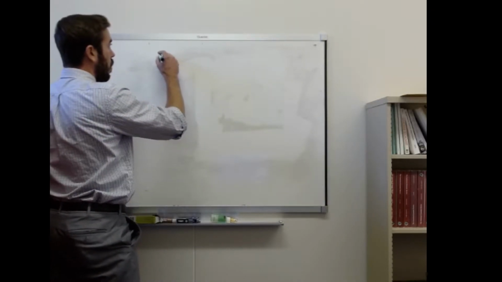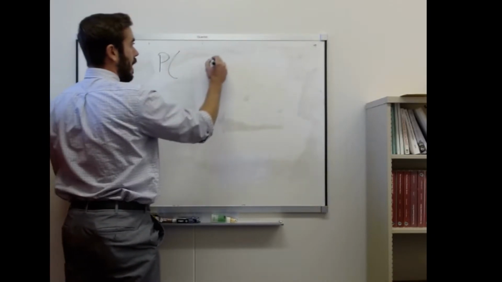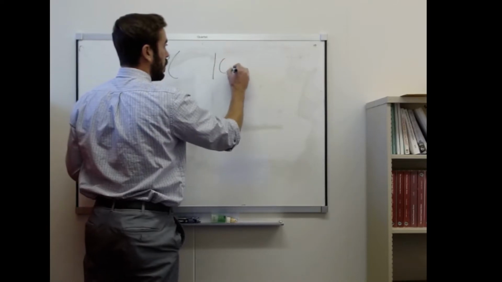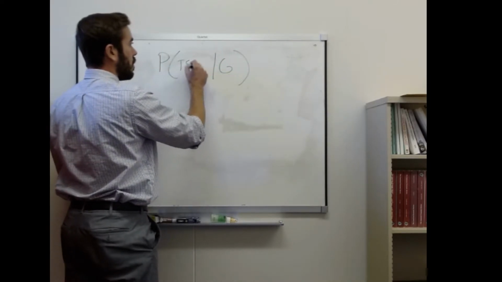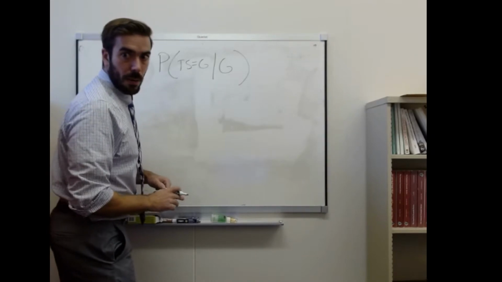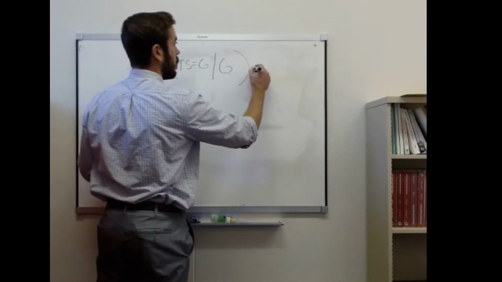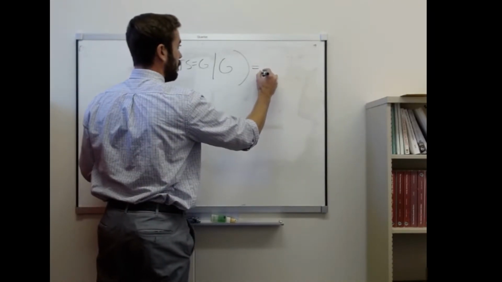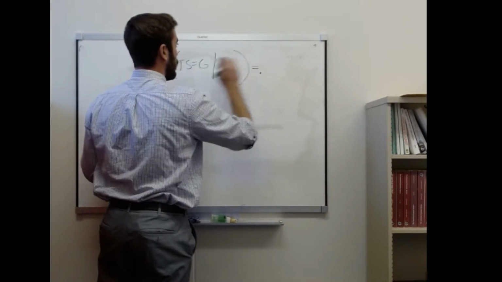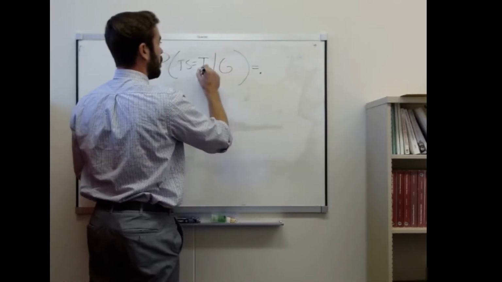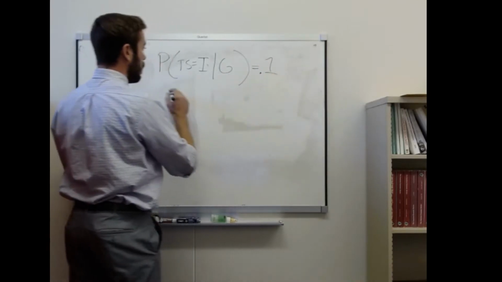But we were told that given that someone is guilty, the probability the truth theorem makes them say they're innocent, I'm going to shorthand this too, was told to us to be 0.1.